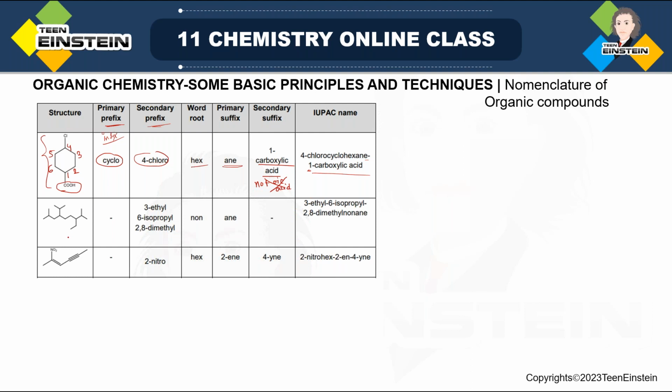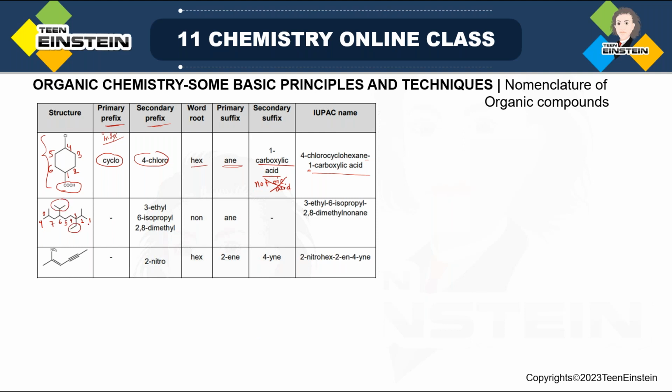It is simply carbon and hydrogen. We do not have any functional group. So numbering, how to start? 1, 2, 3, 4, 5, 6, 7, 8, and then we have 9. So total number of carbon in the parent chain is 9. Now at 6 position we have an isopropyl group.